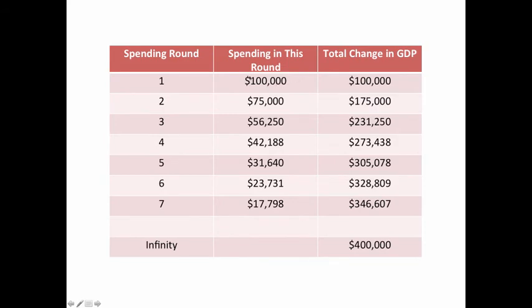So this is the initial change in spending, and it caused a much bigger change in real GDP. And this is called the multiplier effect. And again, when spending changes, real GDP will change by a multiple of that amount. And here we can see, if we compare these two numbers, real GDP changes by 4 times the initial change in spending.